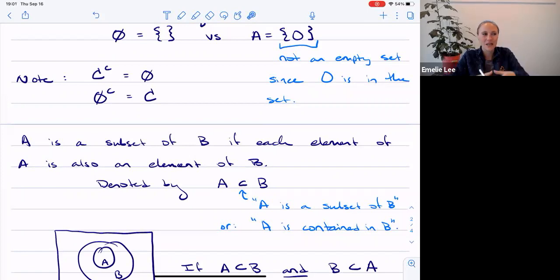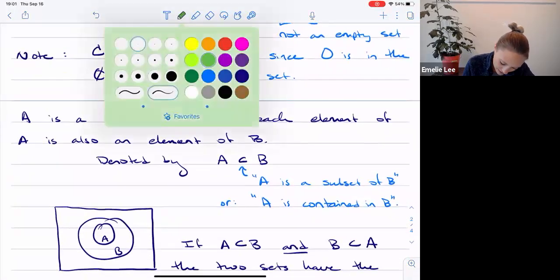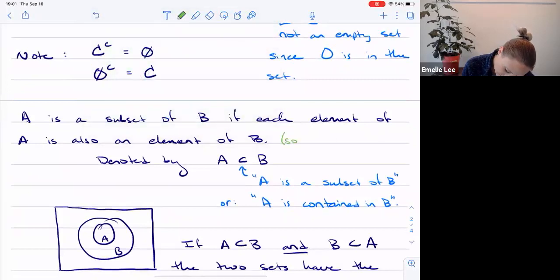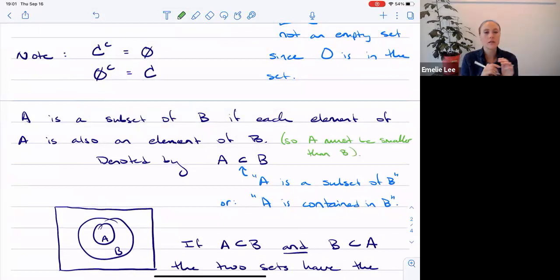So A is a subset of B if each element of A is also an element of B. So A must be smaller than B.